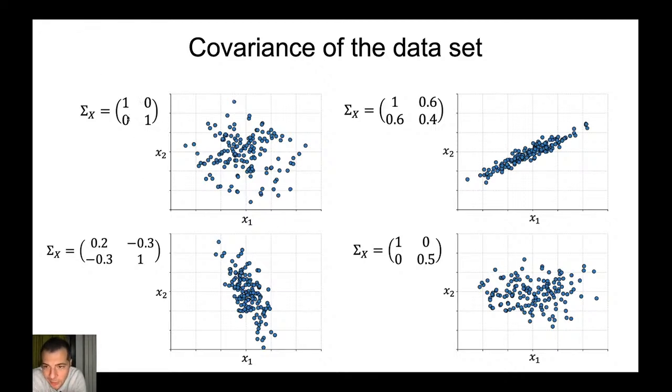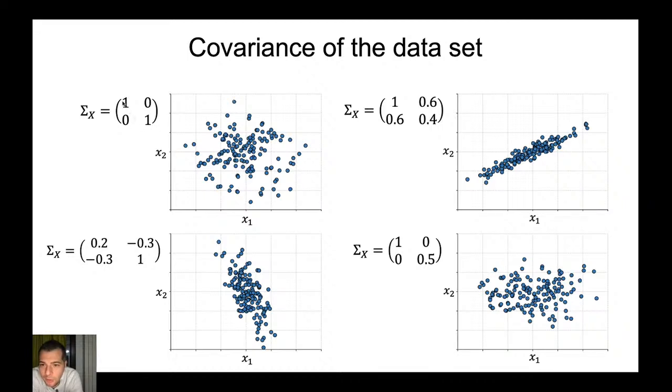In the first case, we have a covariance matrix that represents two features that have no covariance. These are not correlated in any way. Since these features are independent, the covariance matrix will look something like this.